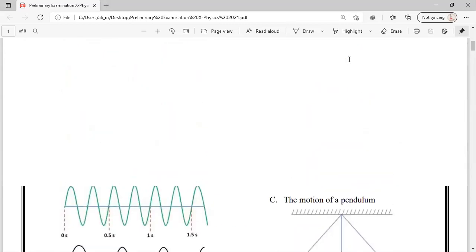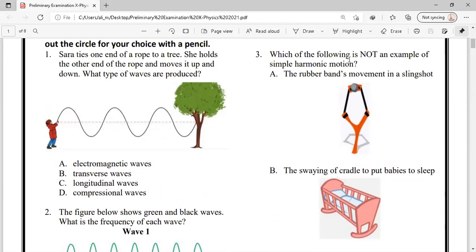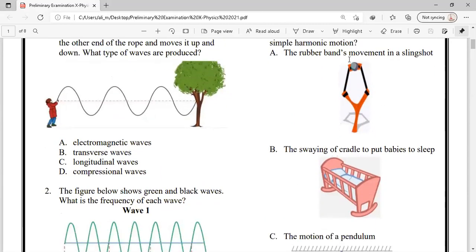Similarly, let's see options A and B. In option B, we have the swaying of a cradle to put babies to sleep. This is the cradle that moves in a vibratory motion, and the motion is exactly the same as a ball rolling in a bowl, or the motion possessed by a spring mass system or pendulum.